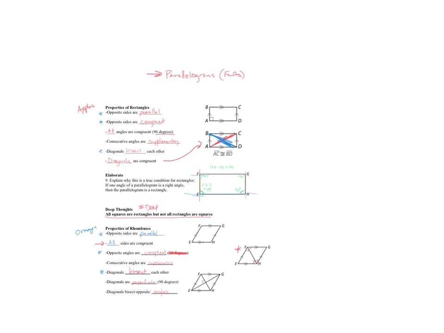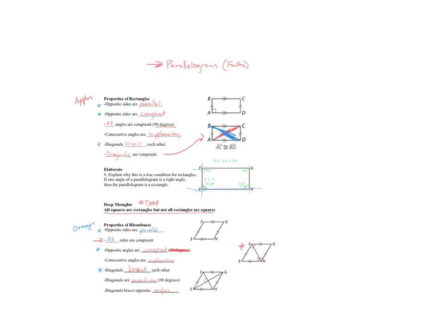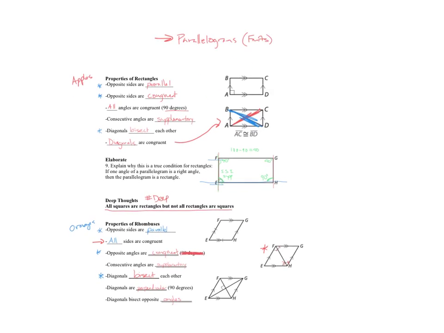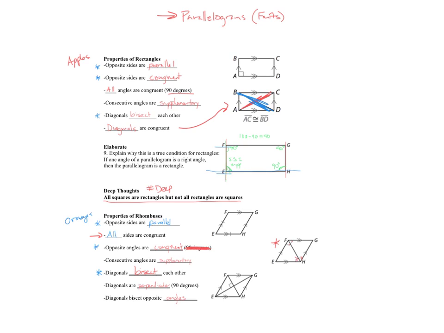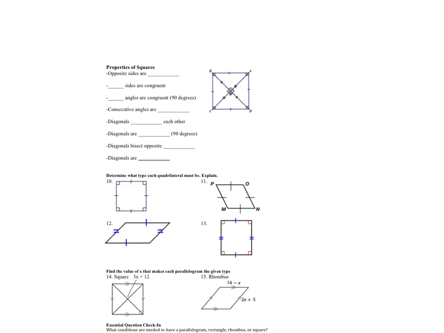So we still have our parallelograms, which are all our fruits, and then we have some very specific ones: our rectangles, which are apples, and our rhombuses, which are our oranges. They each still share those characteristics. You'll notice the blue asterisks on the left side here, but they are still unique in their own right.